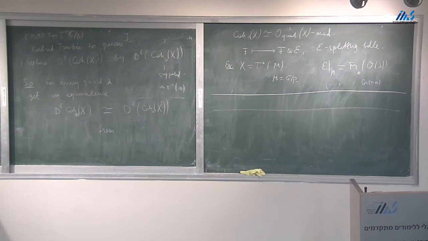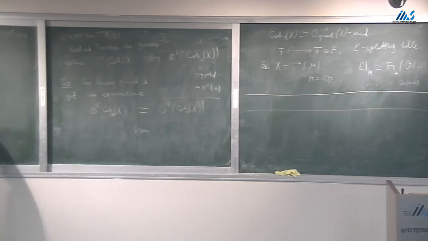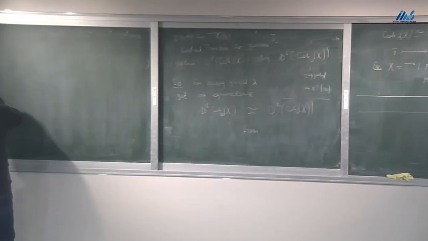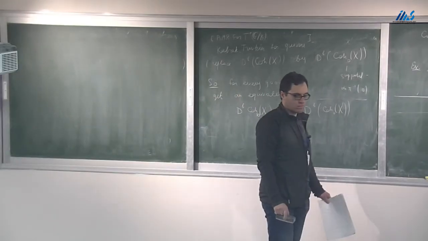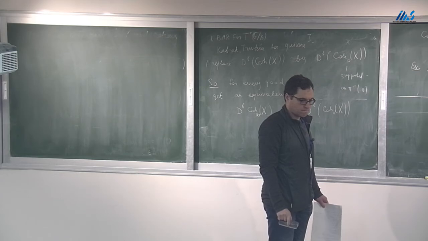Okay, so how do I end up with the structure that I want? So this is difficult to compute even for the Grassmannian? Yes.